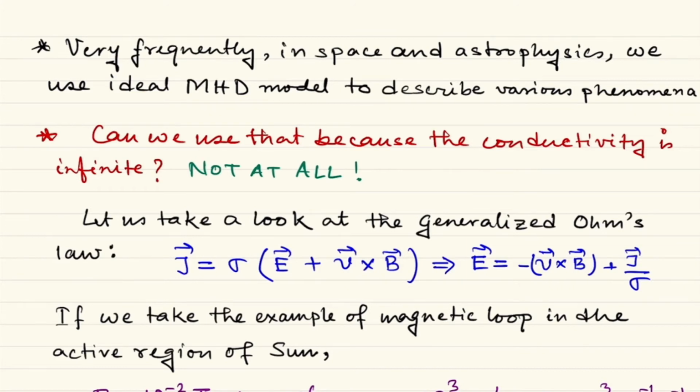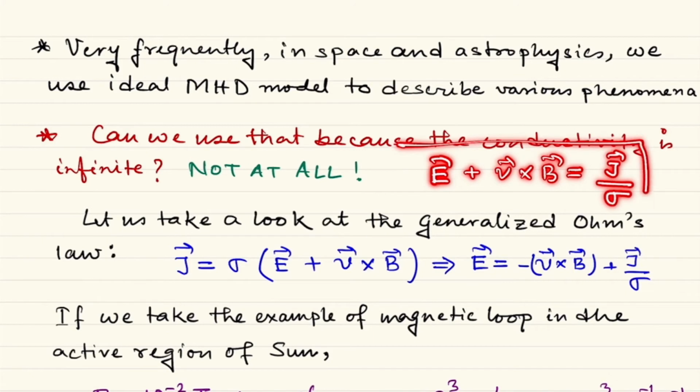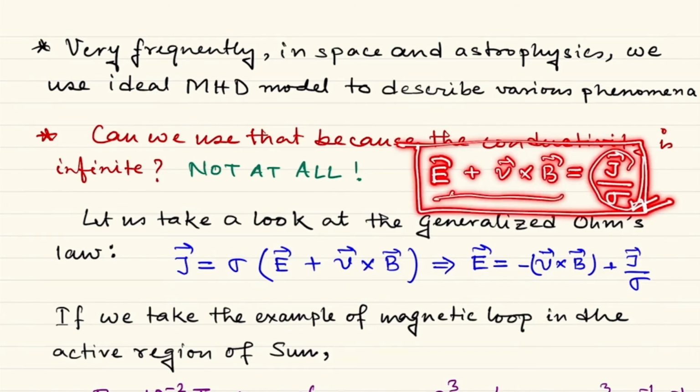If you remember the generalized Ohm's law, in a very simplistic form, after neglecting a lot of terms, J by sigma is equal to E plus V cross B, where sigma is the conductivity of the fluid. So if sigma tends to infinity, this term is 0, and your ideal MHD assumption is valid: E is equal to minus V cross B.